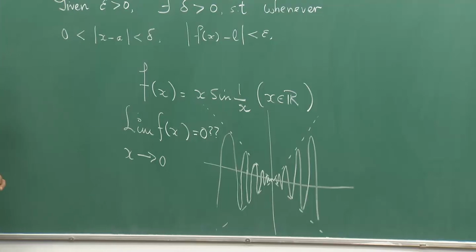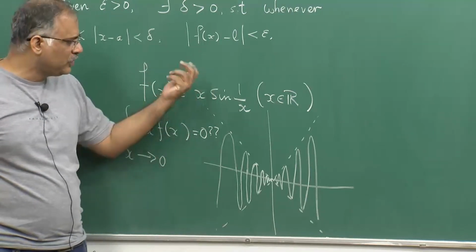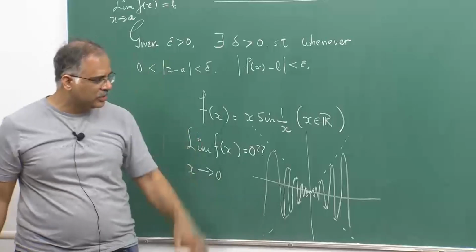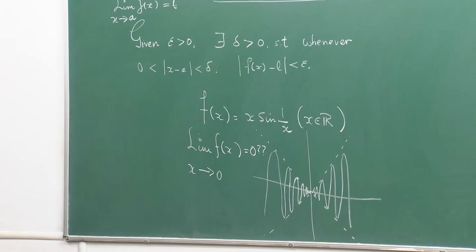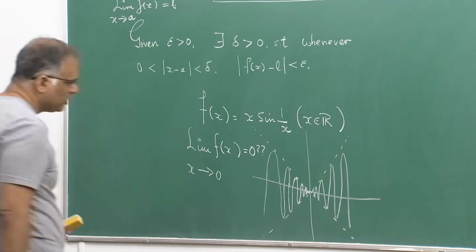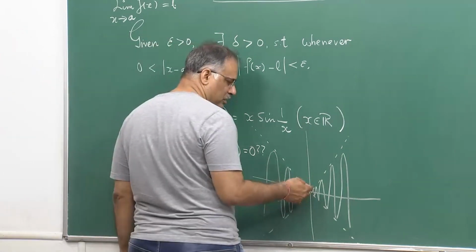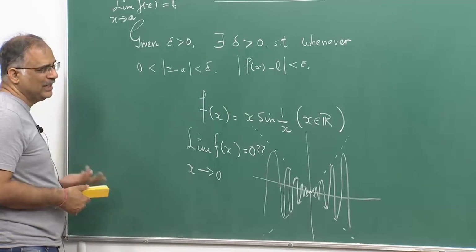It looks obvious because sin(1/x) is always taking values between 1 and minus 1, and so if I take x towards 0, that should just take me to 0, which is some sort of logic which is alright. But if you want to validate it through its definition, then you would see there is a tremendous amount of oscillation of this function. So, how can we really find a delta given an epsilon?